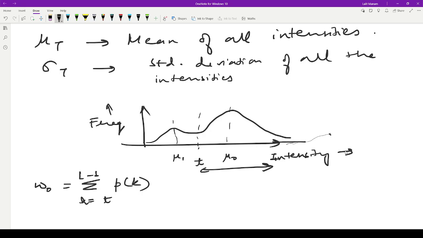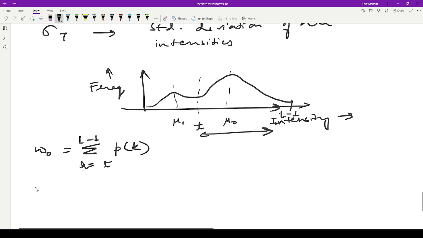So L minus 1 will stand somewhere here. Similarly, I define W1 as the summation over k equals 0 to t minus 1 of p k. These two give us the probability that any given intensity belongs to class 0 or class 1.